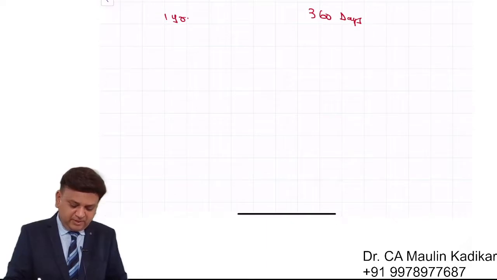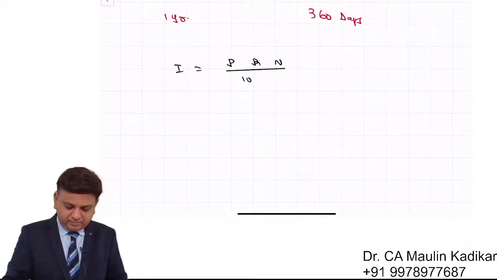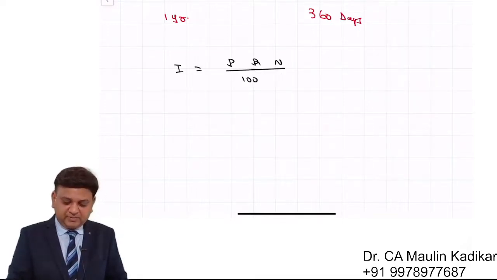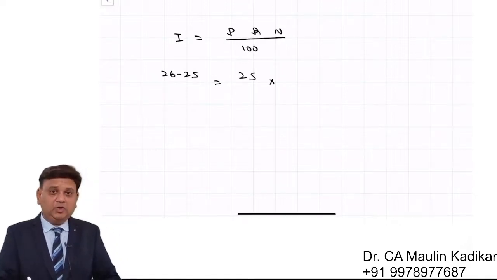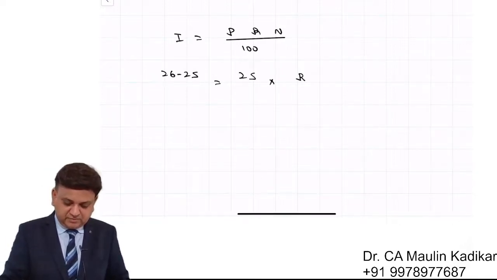A simple formula, I is equal to PRN upon 100. What is the interest amount? It is 26 minus 25. Principal is 25. We do not know the rate of interest. The time period of borrowing is 60 days.